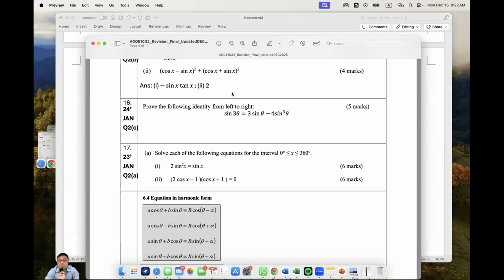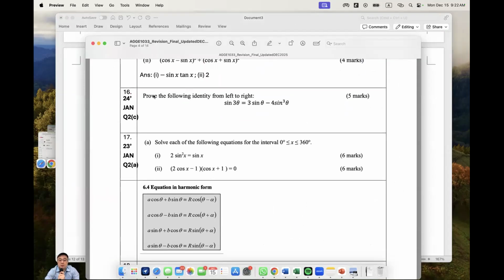Okay, class, can we also prove question 16? Yeah, triple angle. We have a triple angle.